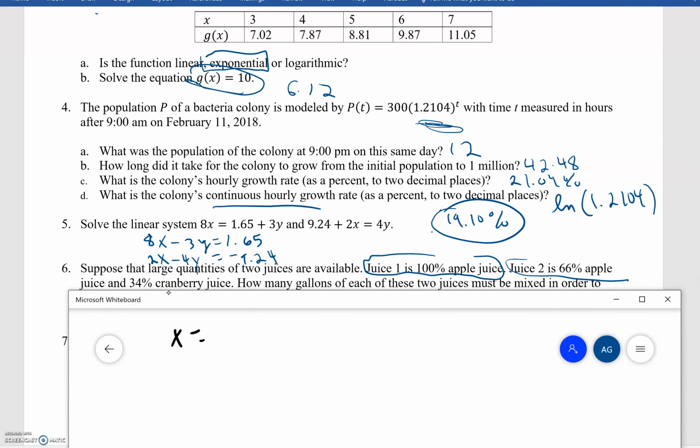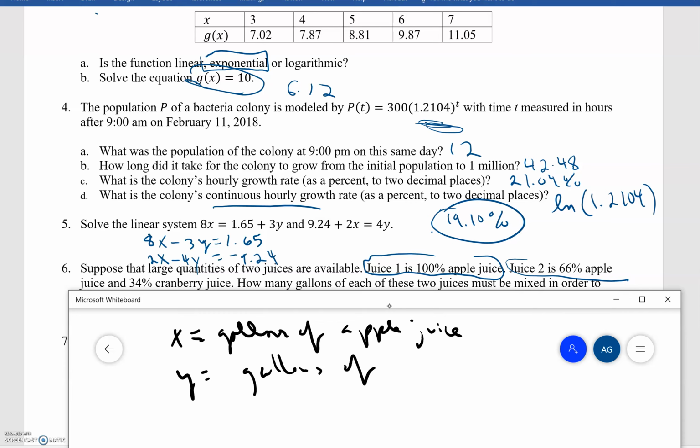I'm going to let X be gallons of apple juice. That's juice 1. And I'm going to let Y be gallons of the cran-apple juice, which is juice 2.